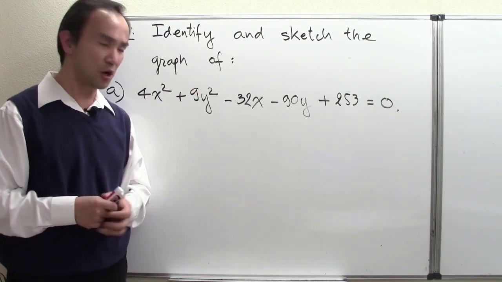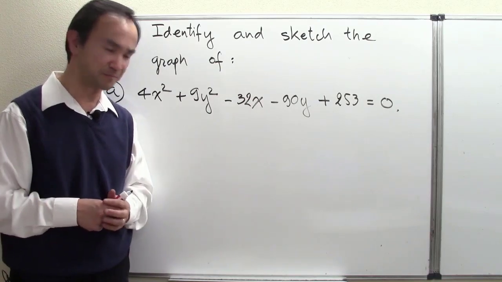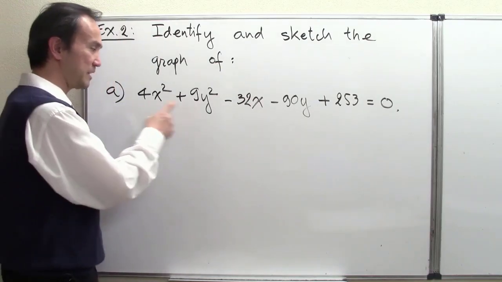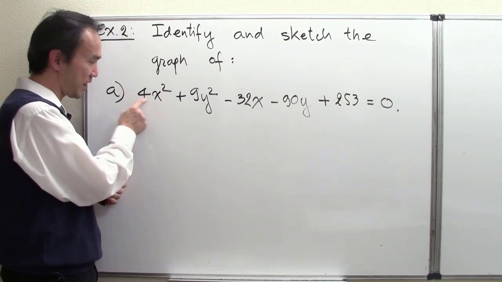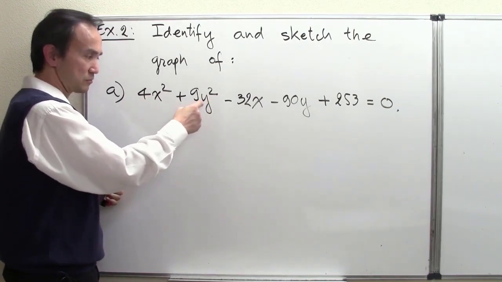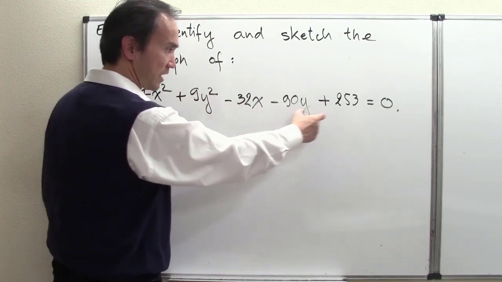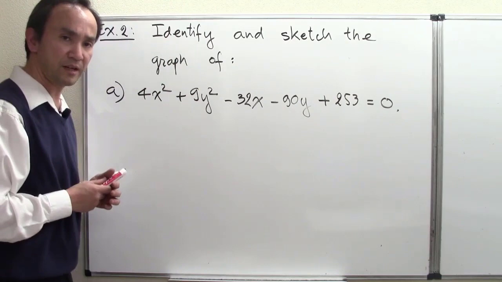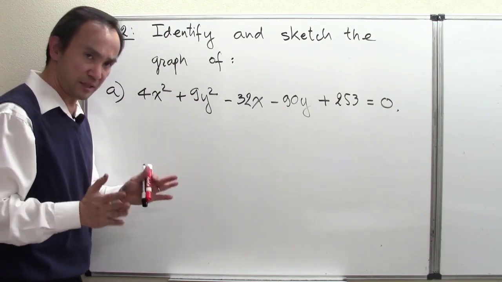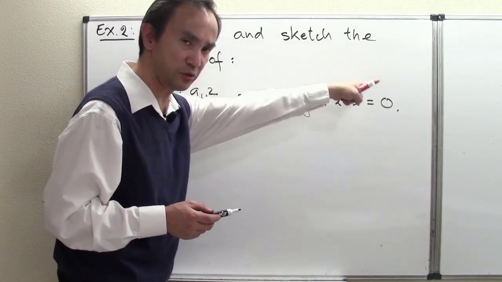Okay, so for now, the starting point here is to get some algebra done. Observation is telling me that we got a perfect square x term, 4x squared with a coefficient, a perfect square y term, the 9y squared, and some x term, some y term, and a constant term. So with some algebra, I am going to bring the constant term to the opposite side.